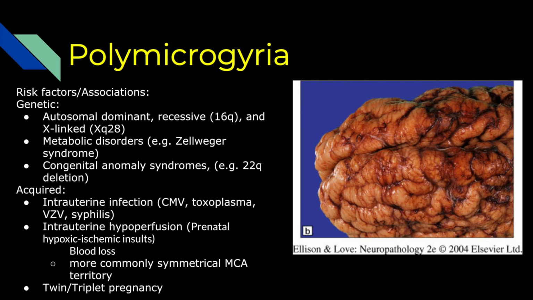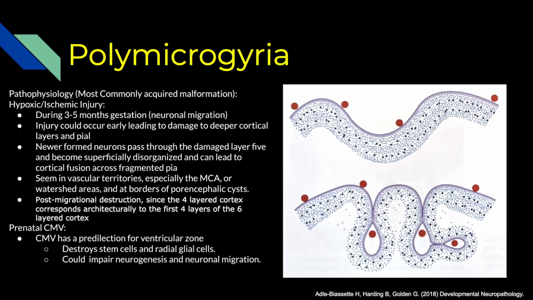So any kind of hypoxic ischemic insult where there's blood loss that compromises blood flow during the period of neural migration is thought to cause polymicrogyria, including competitive syndromes, conditions where you have twin or triplet pregnancies and blood supply to each fetus may be compromised.